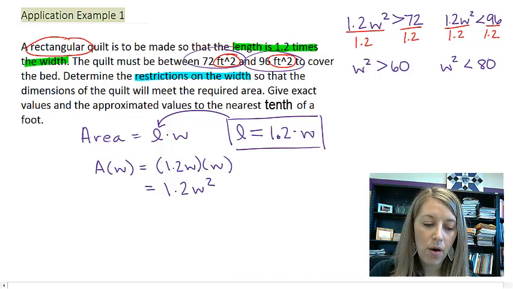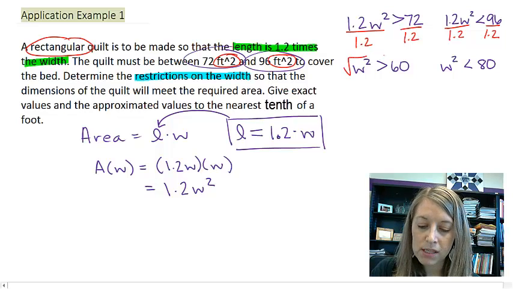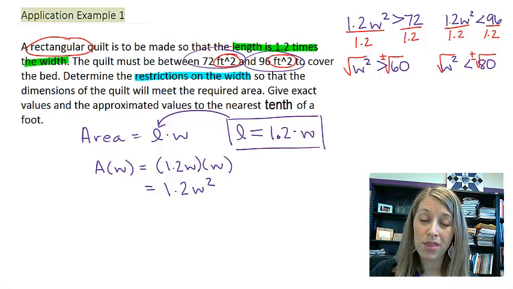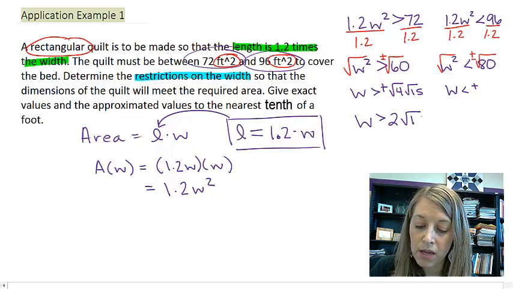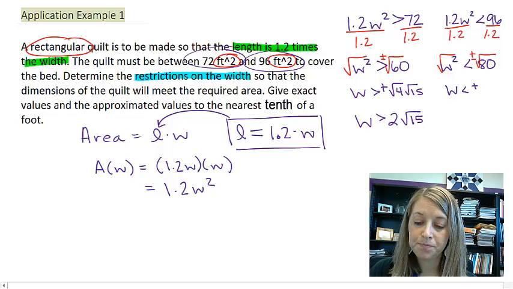Okay, now I can square root both sides. Technically, when I do that, I need to insert my plus or minus, but I'm talking about width here, so width can only be positive, so I'm only going to look at the positive version of these. If I look at the square root of 60, I can simplify that as the square root of 4 times the square root of 15. So I know my W, or my width, has got to be greater than 2 square root of 15.